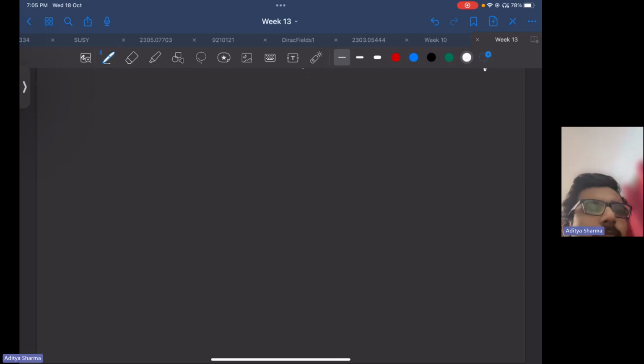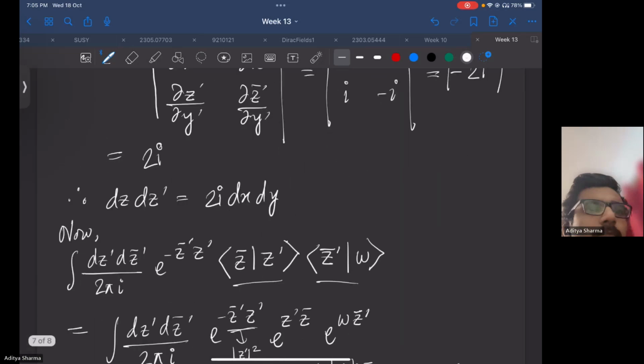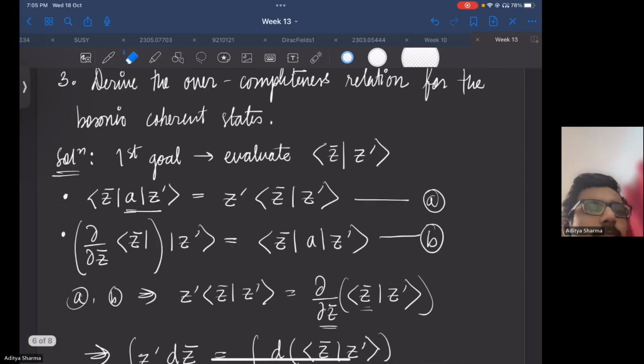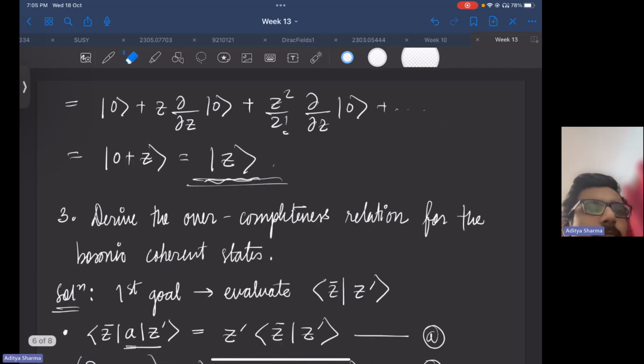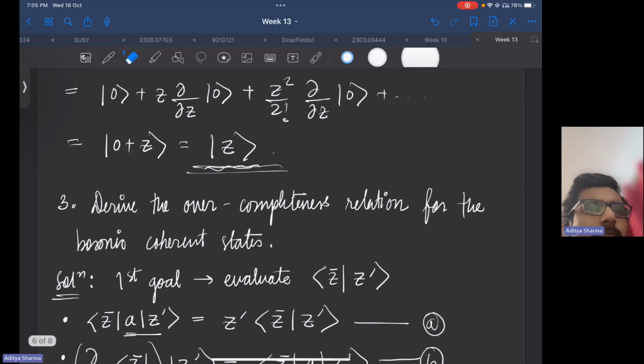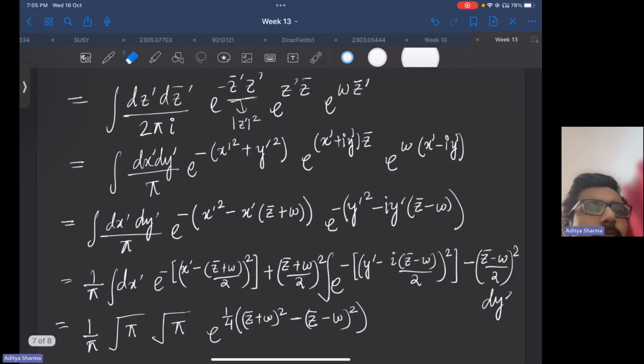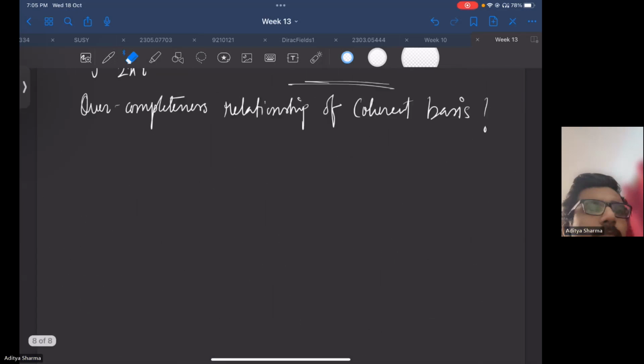Next 7 5. Now, what I'm going to do is, the path integral has been done using the coherent state ideas.